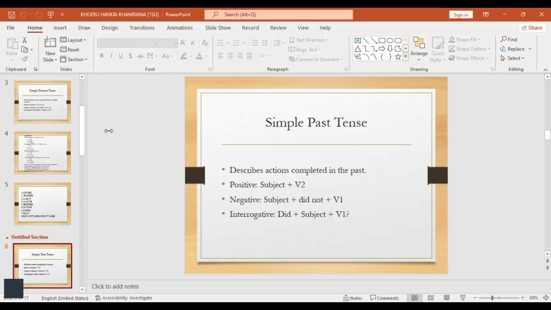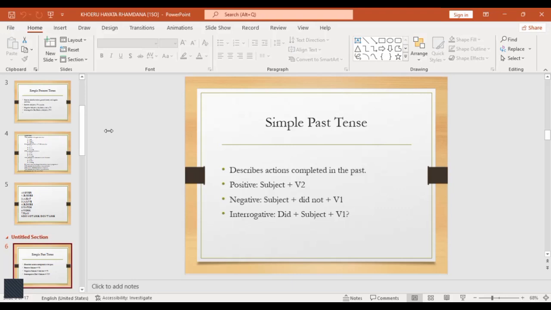In negative sentences, we use did not, followed by the base form of the verb. For example, they did not arrive on time. Did indicates that this sentence is in the past, while arrive remains in its base form.